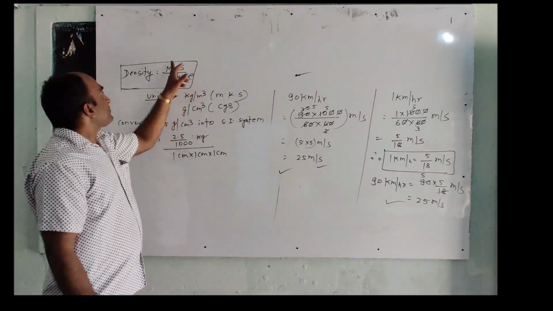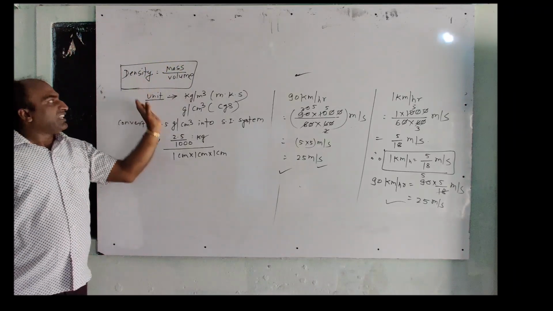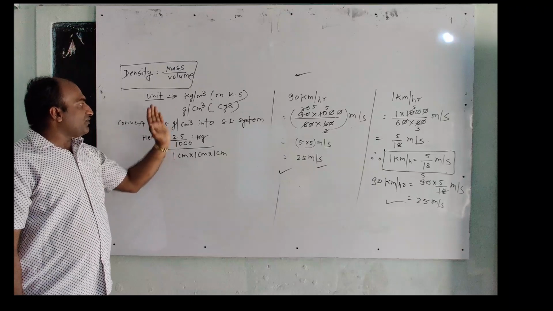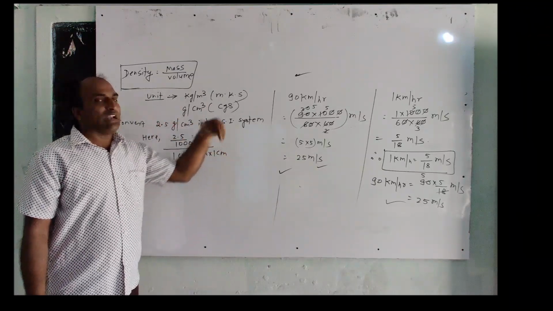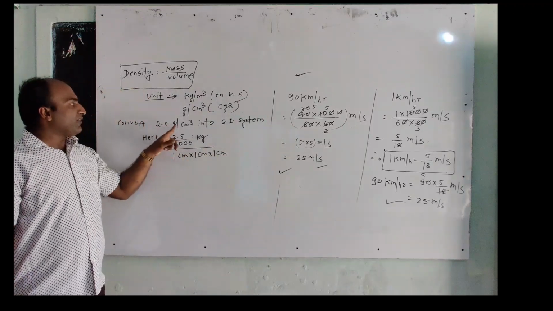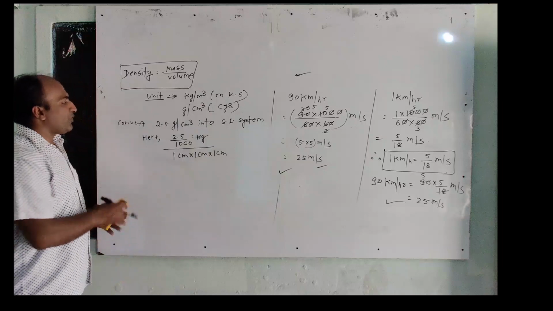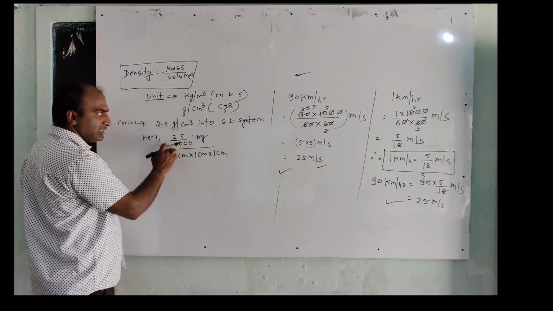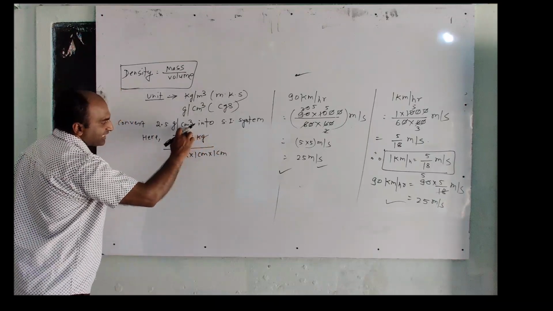In the same way, suppose we have to convert the unit of density into the SI system. Say 2.5 gram per cubic centimeter is given, and you have to convert it into the SI system. Then 2.5 divided by 1000 gets converted into kilogram, and here cubic centimeter is given.